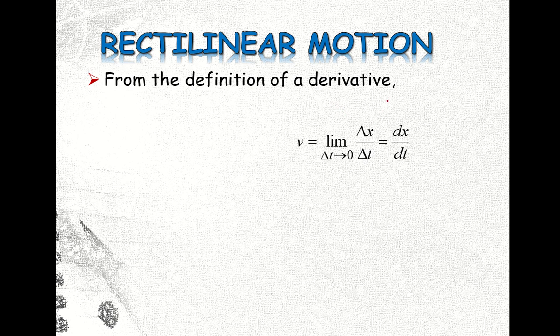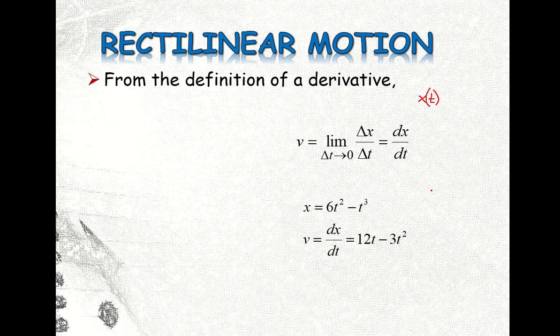So if the function x is expressed in terms of time, when you take the derivative of x with respect to time, then we have the velocity. So v is equal to the limit of delta x over delta t as delta t approaches 0, and this is the derivative of our function, for example, x of t.